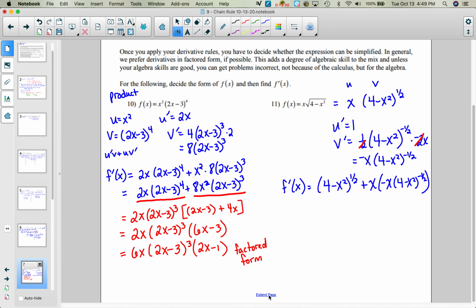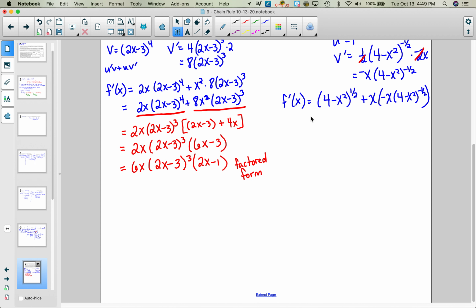let's see what we need to do to simplify this. So I'm going to change this back to radical form. I've got the square root of 4 minus x squared plus, let's make that a minus since this is a minus sign in here, minus x squared over the square root of 4 minus x squared.